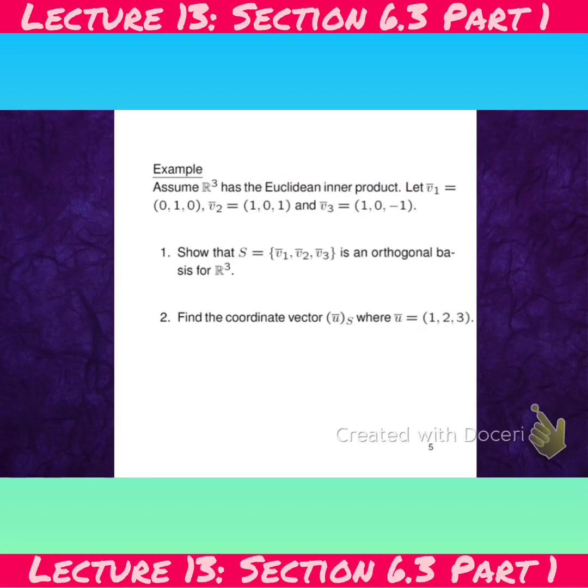This brings us to the example. Let's look at R3 and the Euclidean inner product, which we know is the normal dot product.